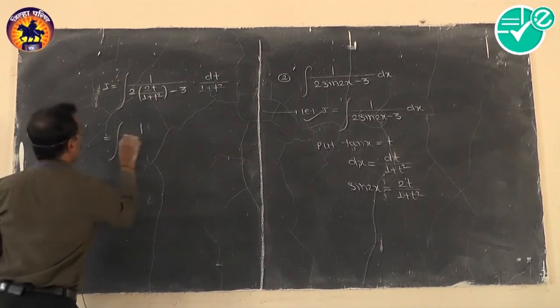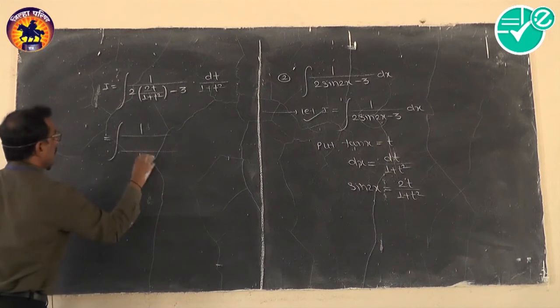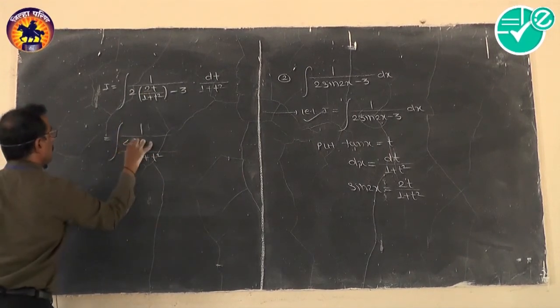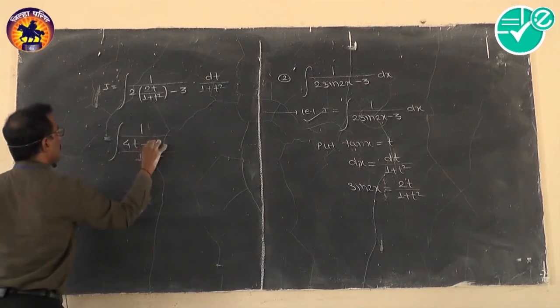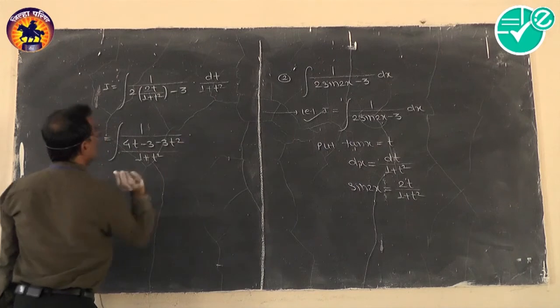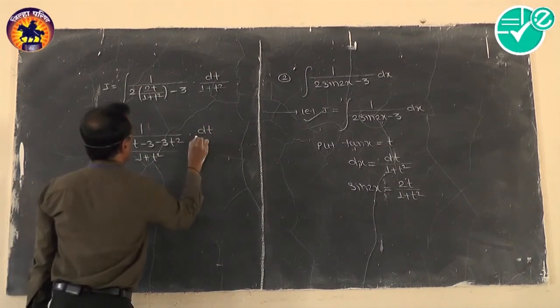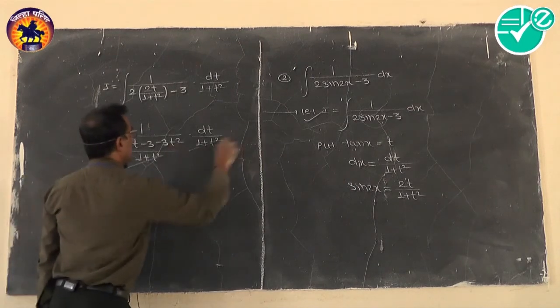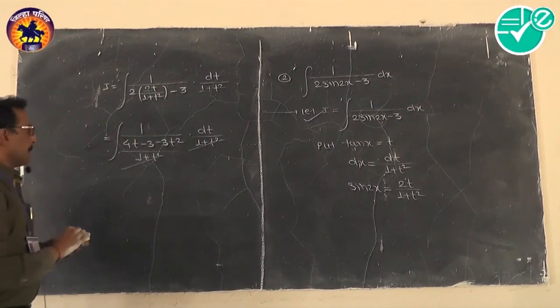Now use your knowledge of primary level and solve this. LCM is 1 plus t square. Here 2 2s are 4, it is 4t, minus 3 into 1 it is minus 3, minus 3 into t square it is minus 3t square, and then dt upon 1 plus t square, this 1 plus t square and 1 plus t square get cancelled.